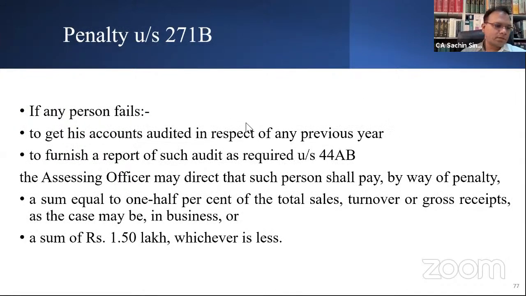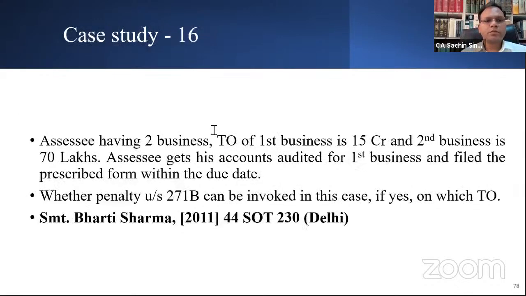Come to the last part, last but not the least. If the SSC fails to get his accounts audited, of course, penalty is there under section 271B. Now take a situation. The turnover of the SSC from one business is 15 crore and from the second business is 70 lakhs.